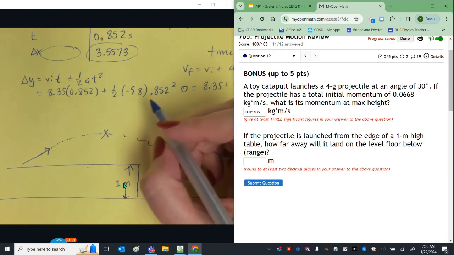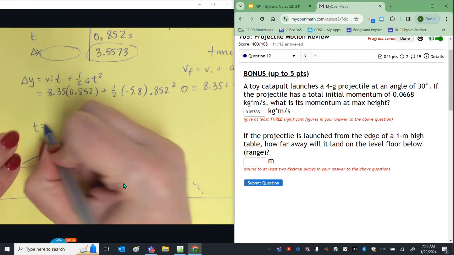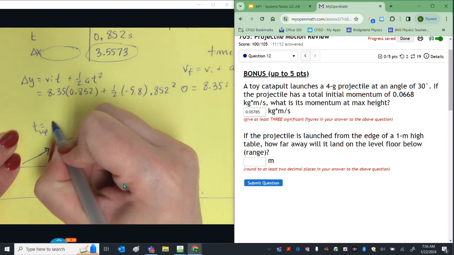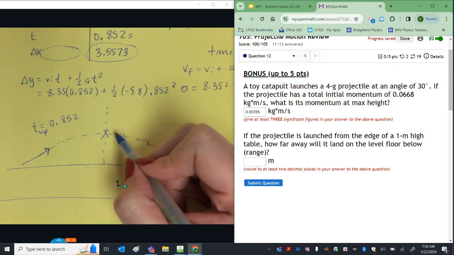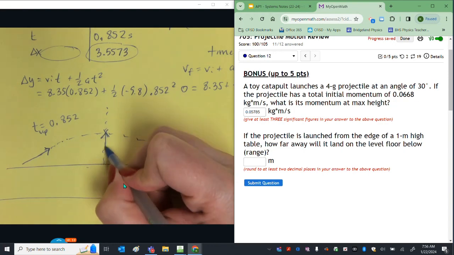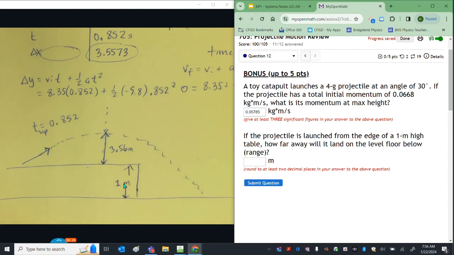I know that the time it takes to get there, time up, is 0.852. I know that this distance here is 3.56 meters. So at the max height, it's not 3.56 meters above the floor, it's 3.56 meters above the table. The total height that it's at is 4.56 meters. So it has to fall from 4.56 meters to the ground below.